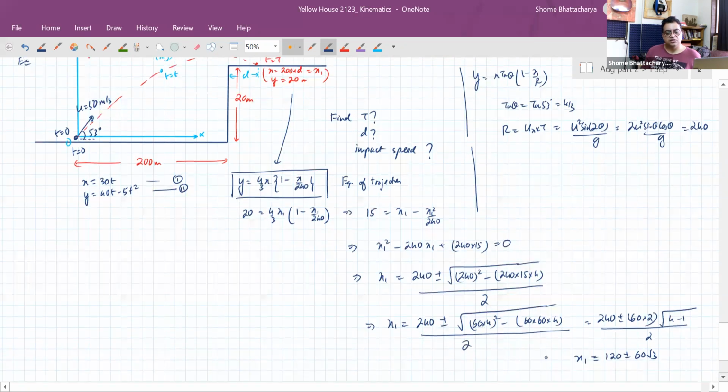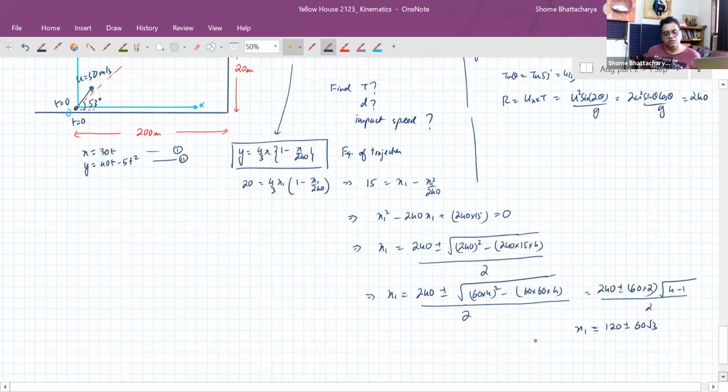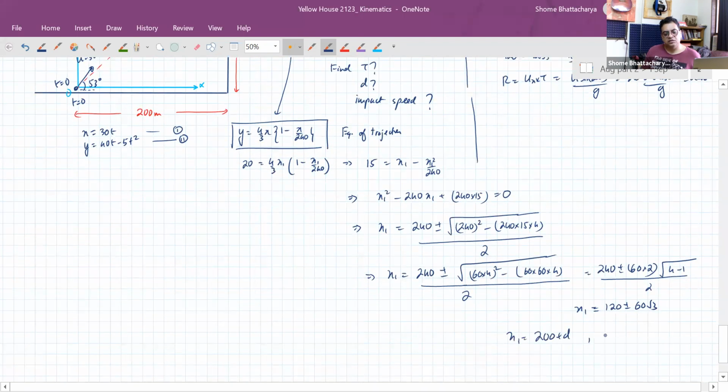Now since x1 is 200 plus d, x1 must be greater than 200.